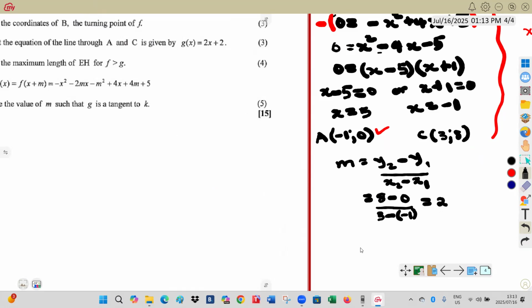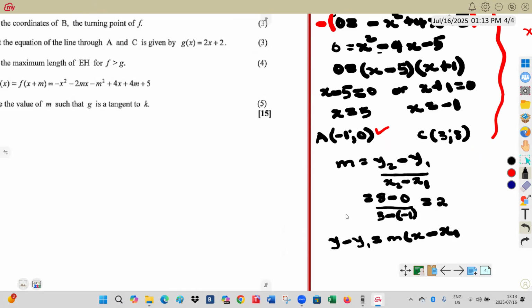Let's determine the equation. How do we get the equation? Our equation is y minus y1 equal to m, x minus x1.